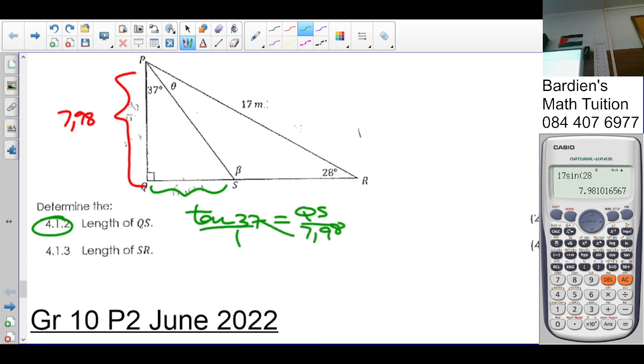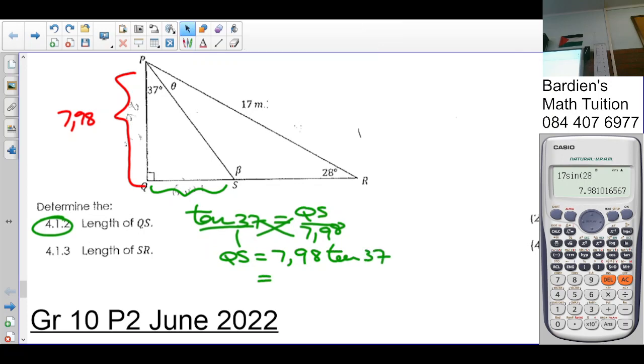We cross multiply, so QS is equal to 7,98 tan of 37 degrees, which gives 6,01. You all okay with that? Let me know if I'm going wrong.